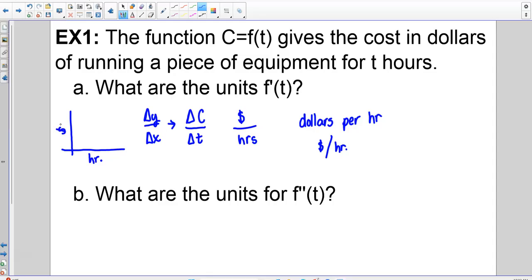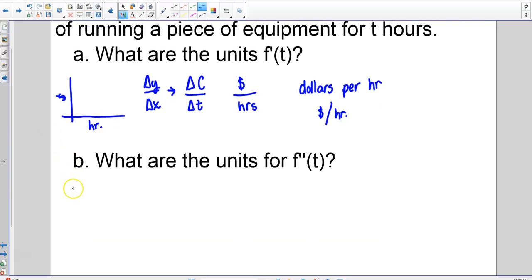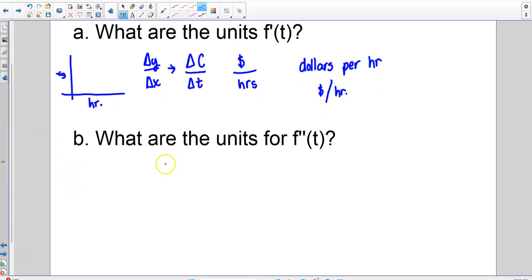Okay, so if we're thinking about f double prime, we're thinking about change in y over change in x, but this time, because we're looking at f double prime here, y isn't really y, and it's not c this time either, right? When we're talking about the second derivative, we're talking about the rate of change of the first derivative, right? So the x-axis would stay the same.